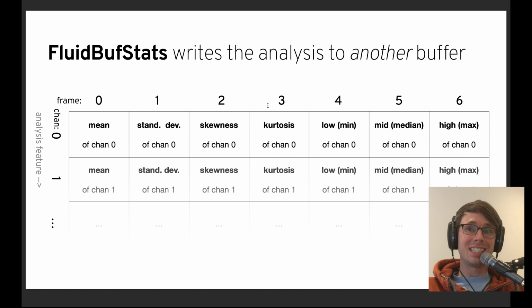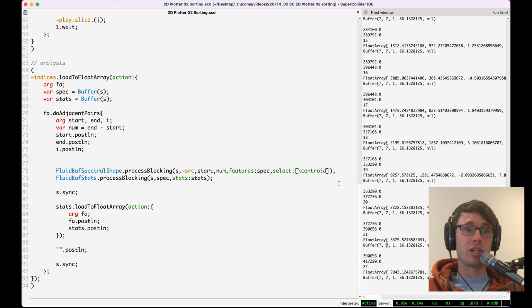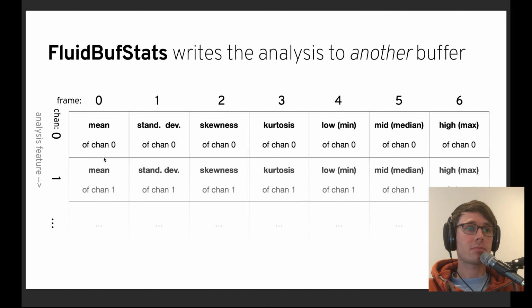FluidBufStats will write these statistical measures in this order for each channel in our buffer that is an input to BufStats. So here we're just analyzing the 1 channel, just the spectral centroid, because we're telling FluidBufSpectralShape to just give us the spectral centroid. But BufStats would do this for however many channels are in the buffer that we pass to it.